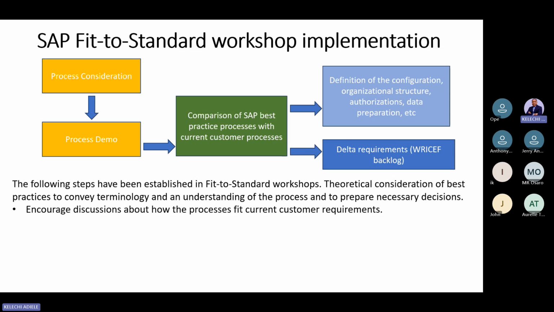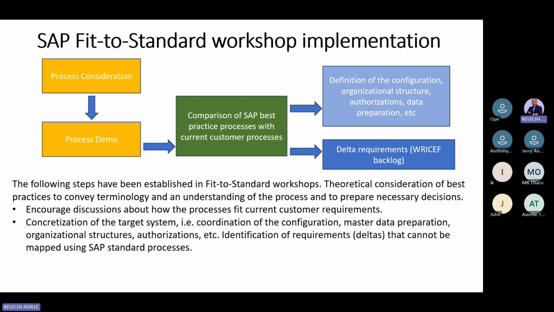In this process, your negotiation skills will have to come up very strongly, because there are processes the client might want to keep, but you, as an experienced BA and somebody who understands the system, feel that it's going to create more work for the business. It's going to require more resources for the business. So you have to explain these things, right? That it might also affect the timeline of the project. So there are so many considerations. So you have to encourage discussions about how these processes will fit the business requirements. It's a very tasking job.